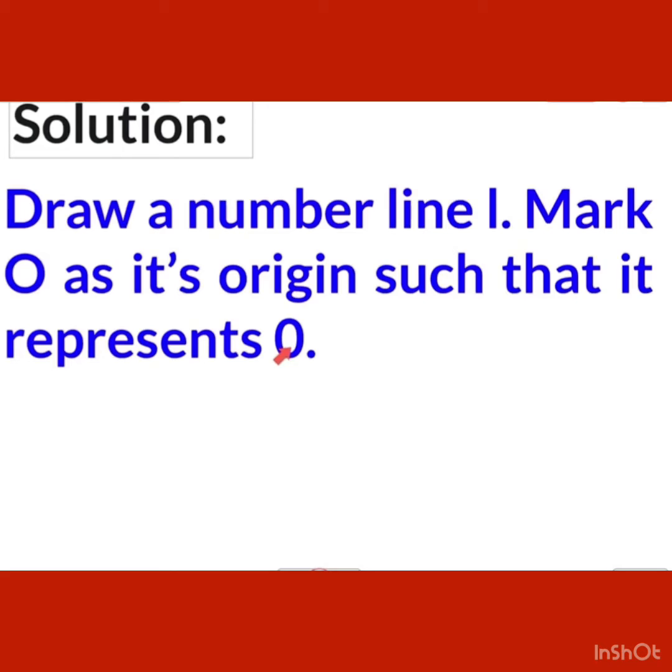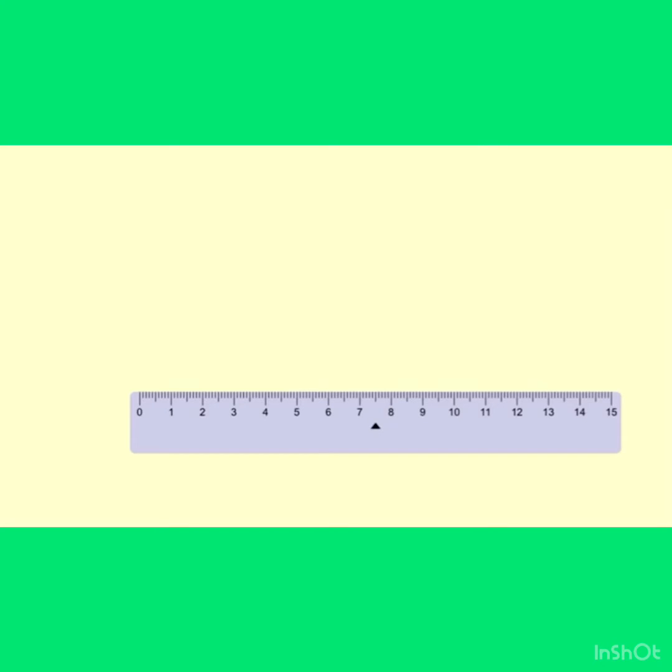It means, dear, when we draw the number line, it means it has the numbers, and let us 0 is the origin point. First of all, you take the scale and after that we will draw a line.